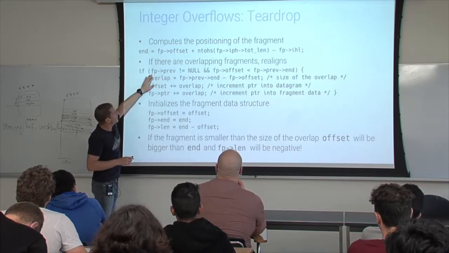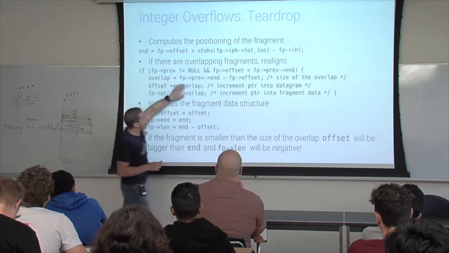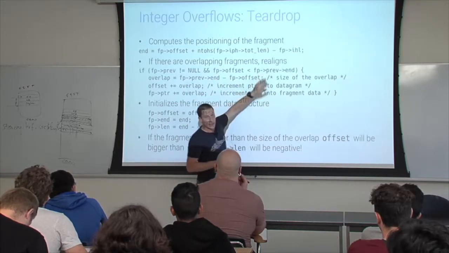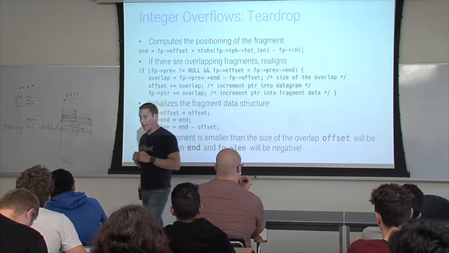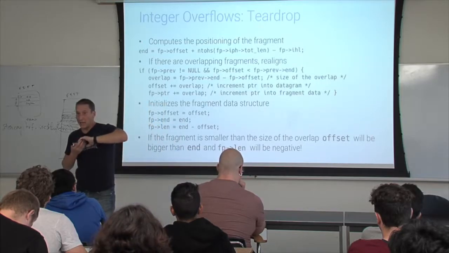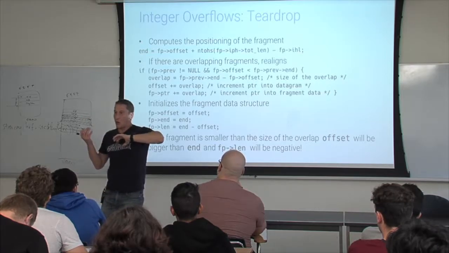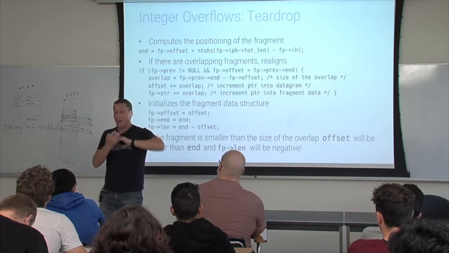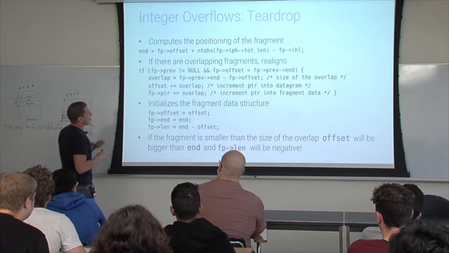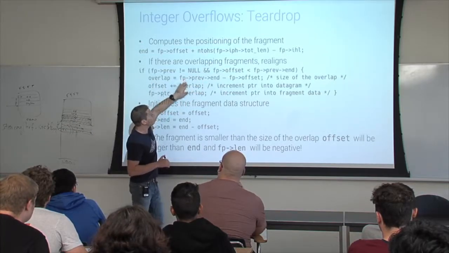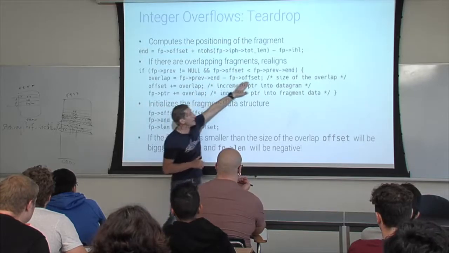But if there is a previous packet and the offset is less than the end of the previous packet, okay, that means that I have an overlap. So what they want to do is throw away the parts that overlap so they don't have to write them. And so the overlap is calculated as the previous fragment end minus the offset.